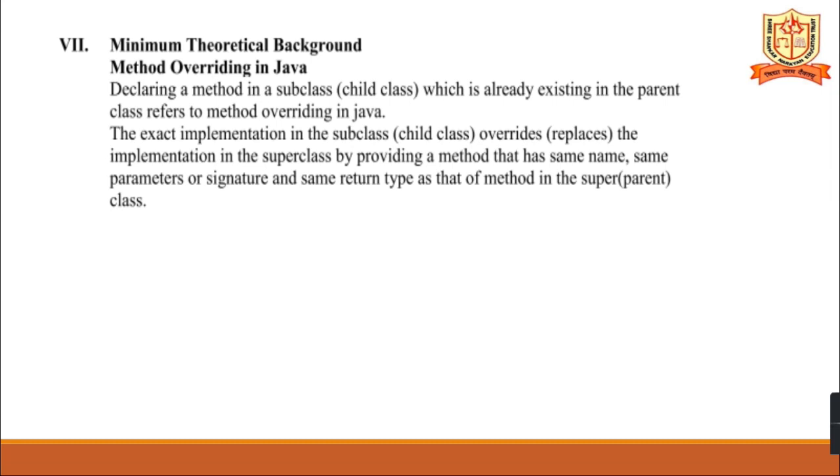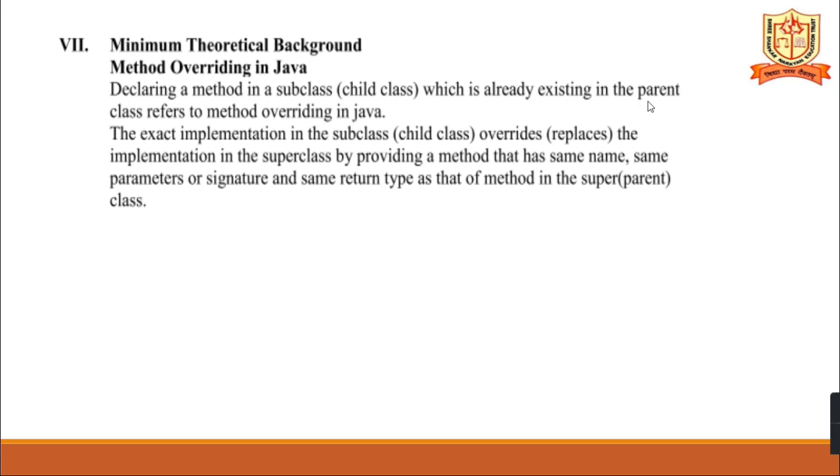Method overriding in Java: what is the minimum theoretical background for this practical? Declaring a method in the subclass which already exists in the parent class is referred to as method overriding. Is it clear? The method in the child class is the same as the method in the parent class.